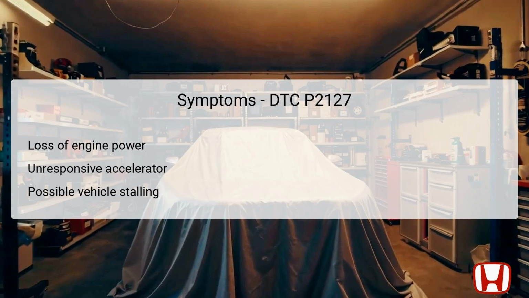An unresponsive accelerator could occur, meaning that pressing the pedal doesn't result in the expected engine response. In severe cases, intermittent problems could lead to vehicle stalling, posing safety concerns while driving. Identifying these symptoms early aids in promptly addressing the underlying issues and ensures safe vehicle operation.